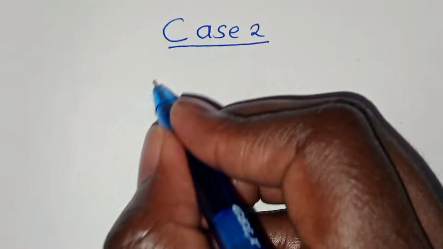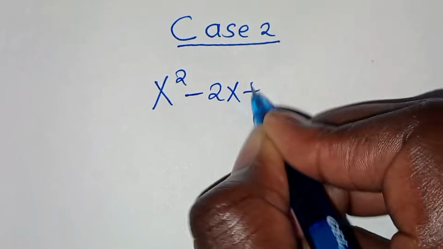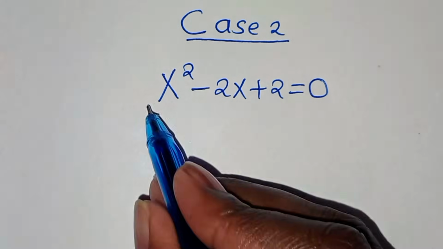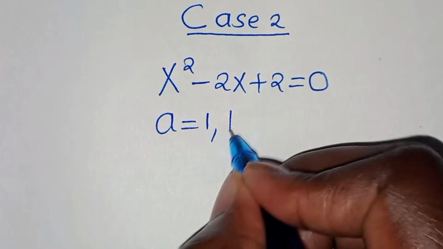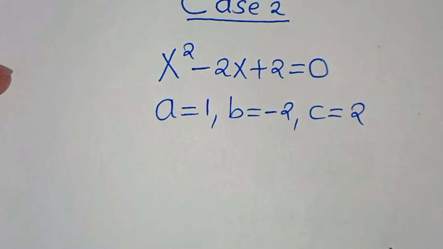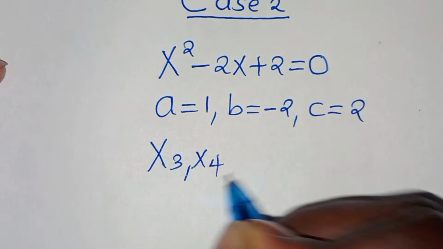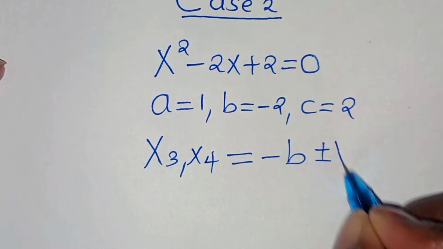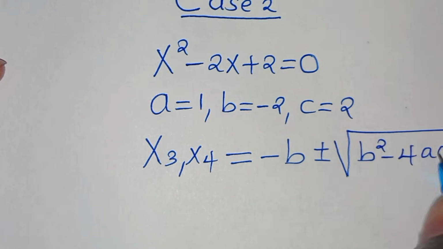In case 2, we have x squared minus 2x plus 2. This is equal to 0. So this is a quadratic equation where we have a is equal to 1, b is equal to minus 2, and c is equal to 2. So we can solve for x3, x4 by applying the quadratic formula here, which is minus b plus or minus the square root of b squared minus 4ac.